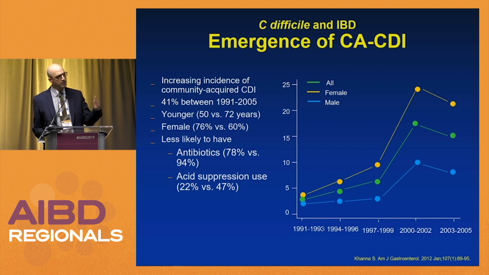Historically, it's been thought that C. diff was a disease that occurred in patients who were hospitalized or in a nursing home setting, although recently, in particular, there's been a rise in community-acquired C. diff. The key distinction is that these patients have not been hospitalized, and they're most of the time younger, more likely to be female, and less likely to have antibiotic use or acid suppression use.